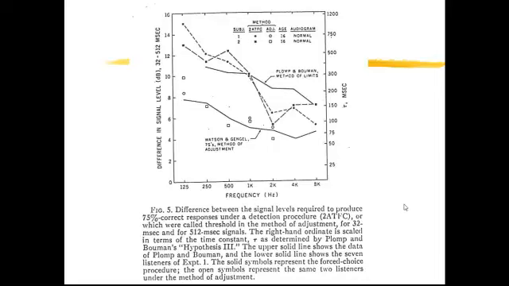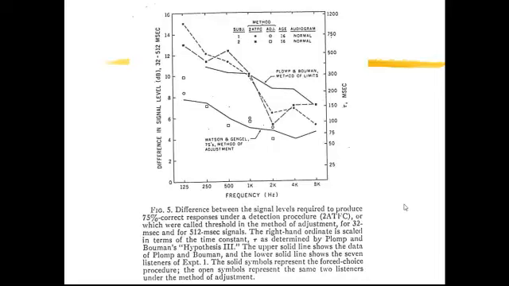So what you can see is that there is a difference depending upon which method was used. We have frequency along the x-axis and the difference in signal level along the y-axis on the left side, and milliseconds along the y-axis on the right side.